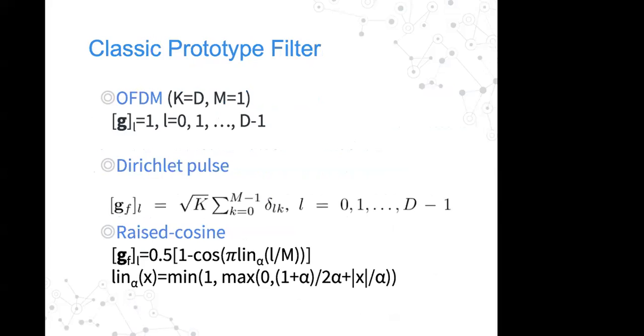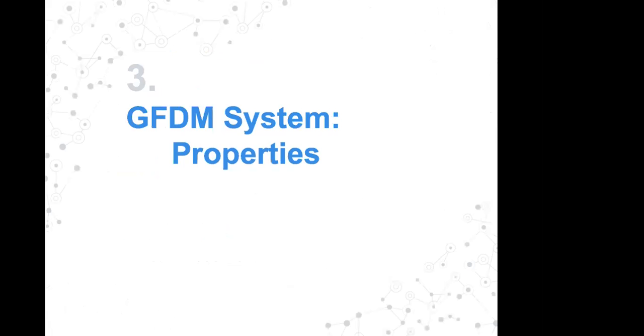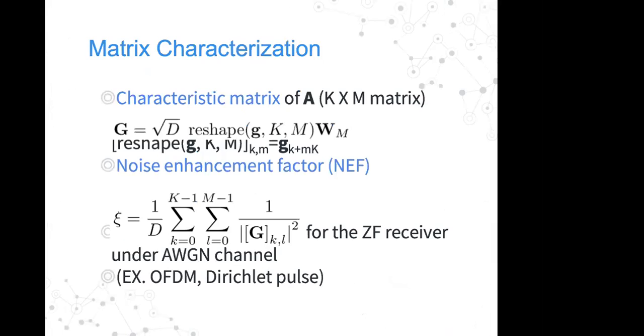But if it is GFDM, K into M is equivalent to D. Here we use a Dirichlet pulse, a root-raised cosine pulse, and maybe other spectrally efficient pulses, which give better out-of-band leakage to your GFDM systems.